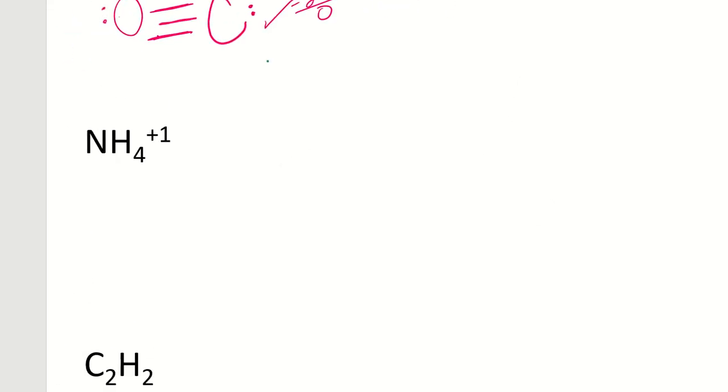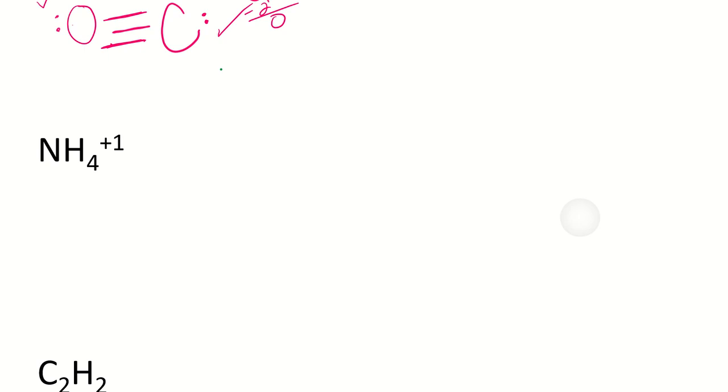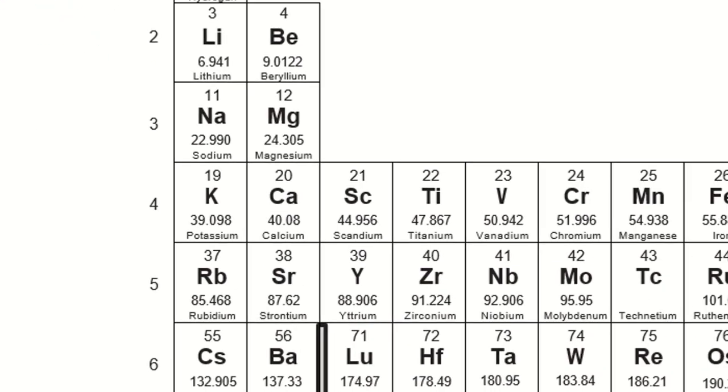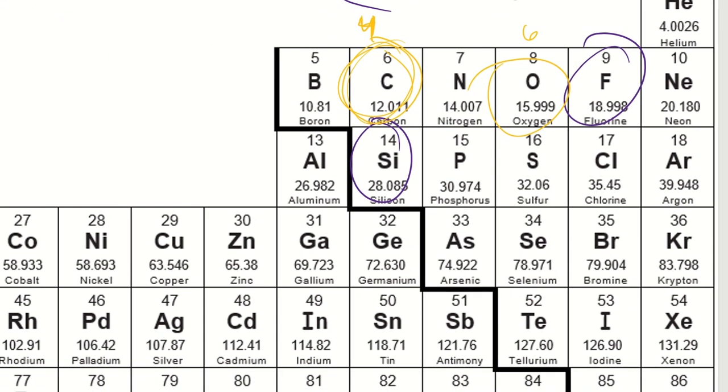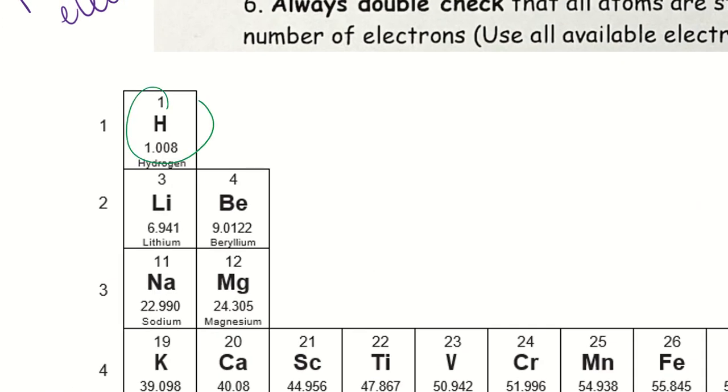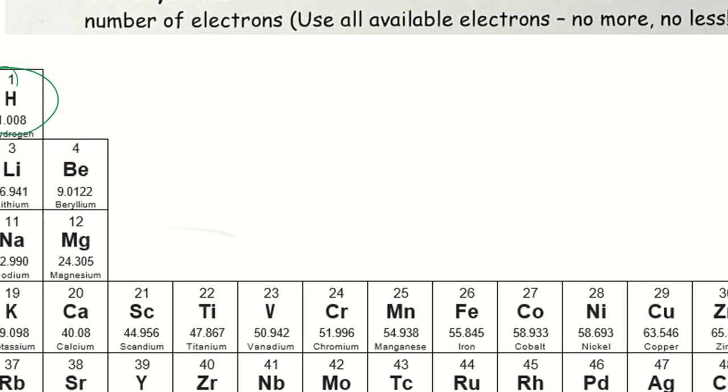Okay, so if I do NH4 with a +1 charge, I find nitrogen over here, and hydrogen is my non-metal that's over on this side. So remember, even though it's on the positive side, it is a non-metal, so it participates in covalent bonds.